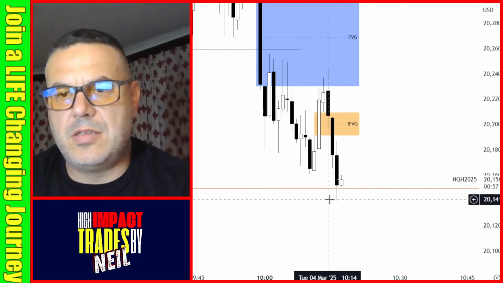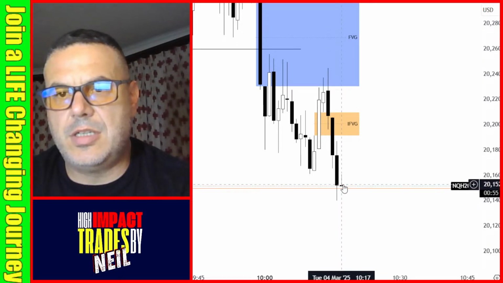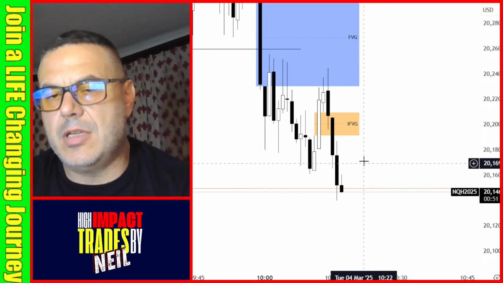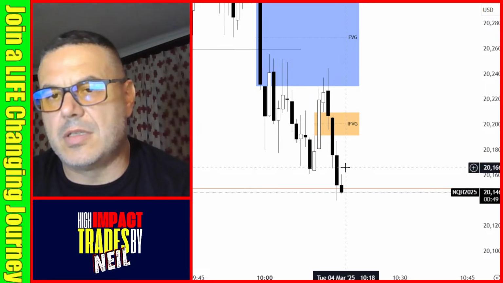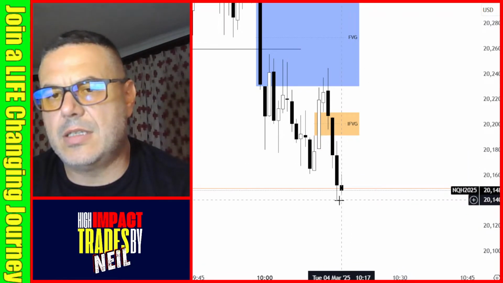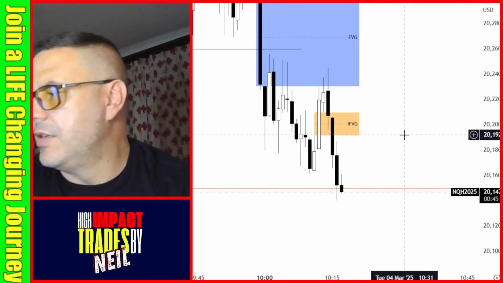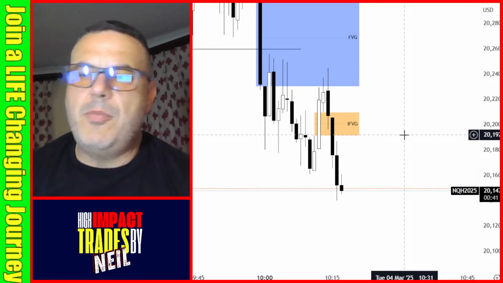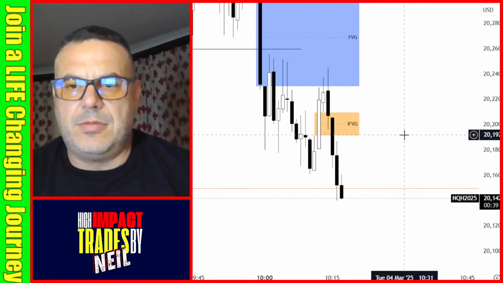Right, so we didn't close below it, so potentially we could see some sort of consolidation or something, and then try to go lower again and then reverse, or just drop. A lot of momentum to the downside still, to be honest.